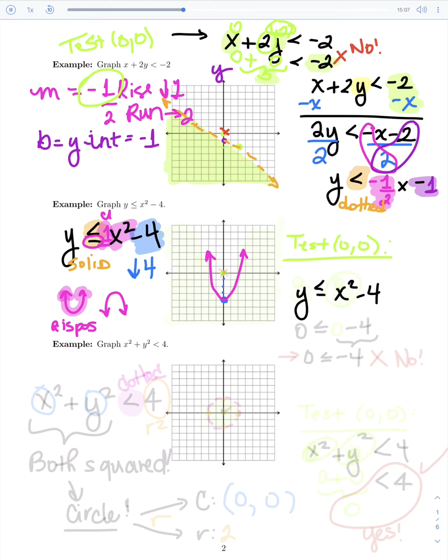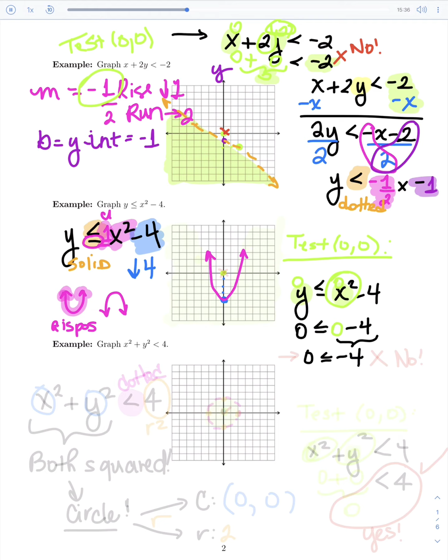For testing the point 0, 0, we're plugging in 0 for x and 0 for y. So what that will do is give us 0 is less than or equal to, well, on the right-hand side, 0 squared is just 0, minus 4 gives us negative 4.